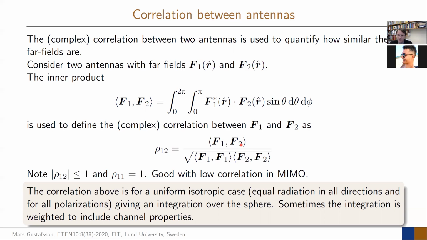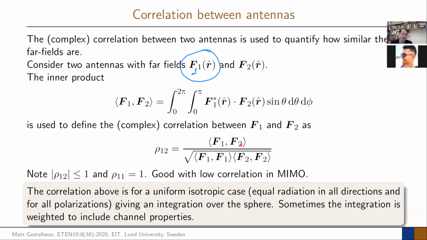One way to quantify, at least partly, these things is to look at how similar radiation patterns are. If we have some far fields here, so this is not the radiation vector, it's really the total far field. In the previous notation, maybe it's also this orthogonal part that sits inside. Then I can ask, how similar are these?